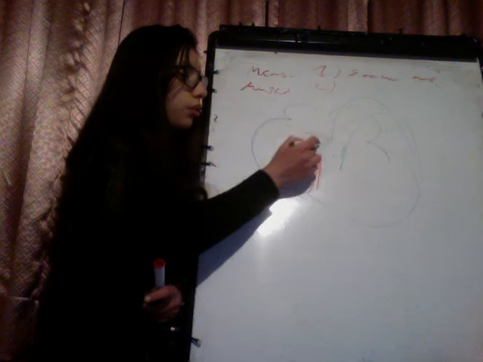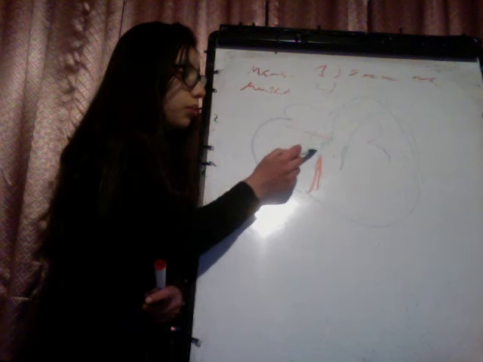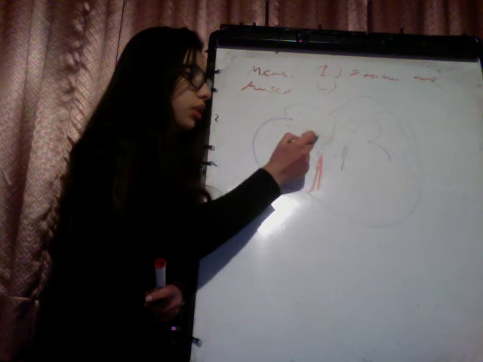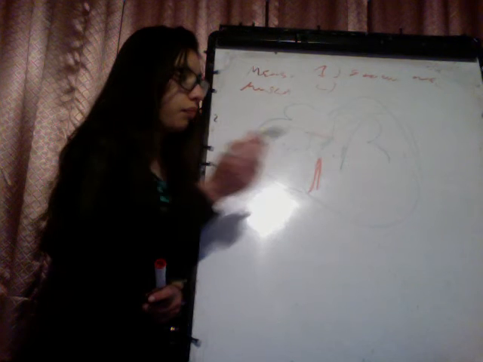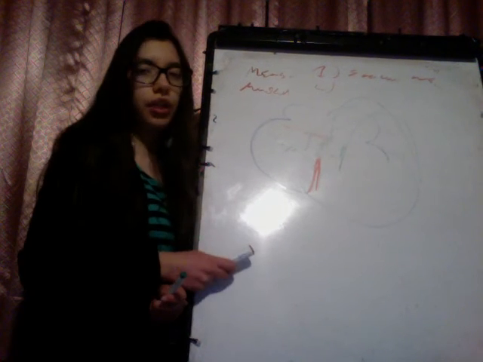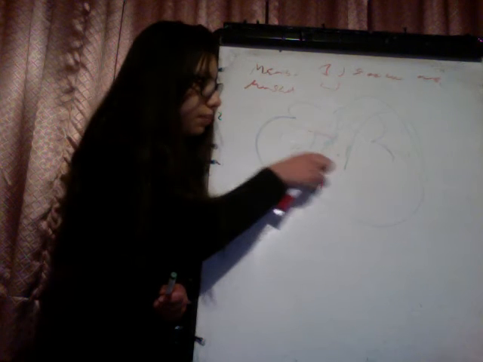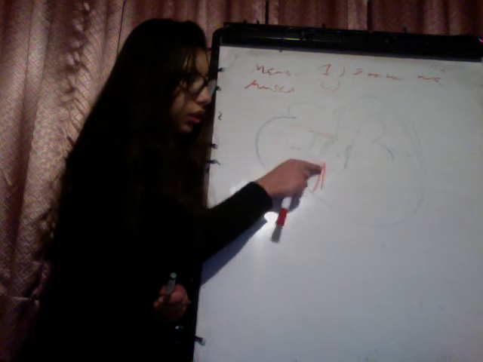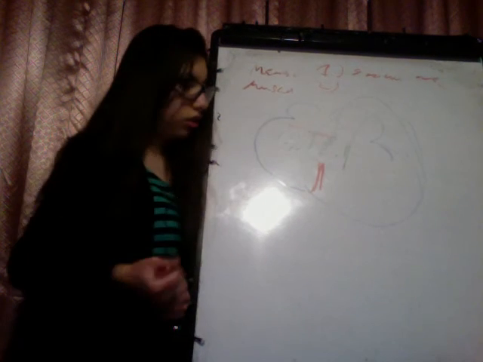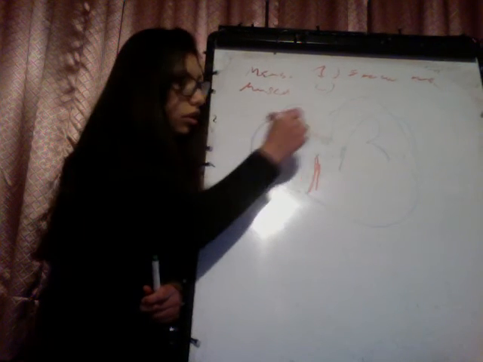But all of this contributes to the membranous part of the interventricular septum, that is the one that fuses with the endocardial cushions. And with this we can have a ventricular septal defect if we don't develop this part of the interventricular septum, or if we don't develop the membranous part.